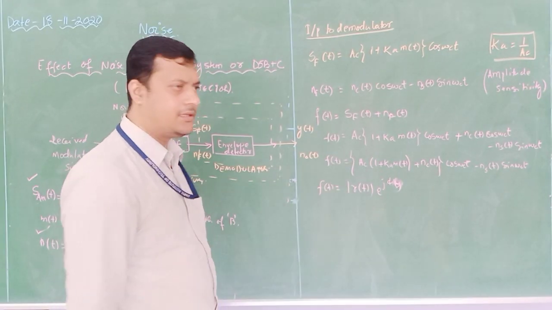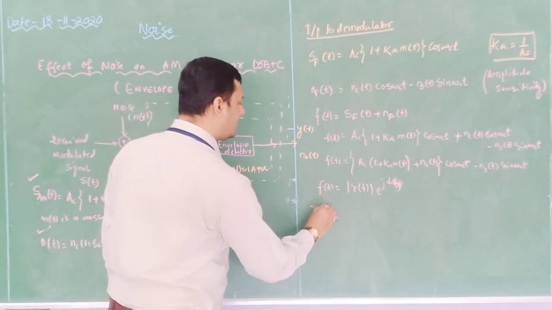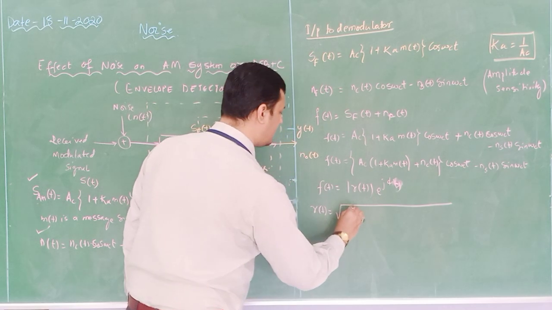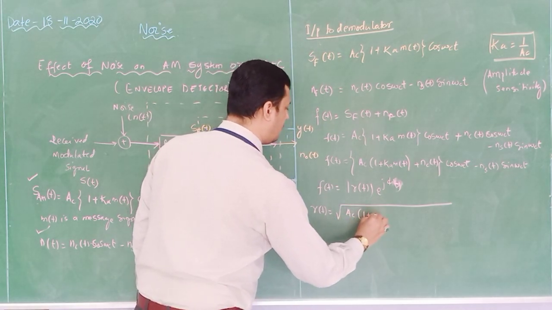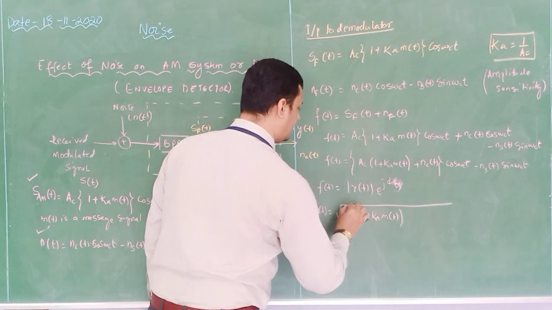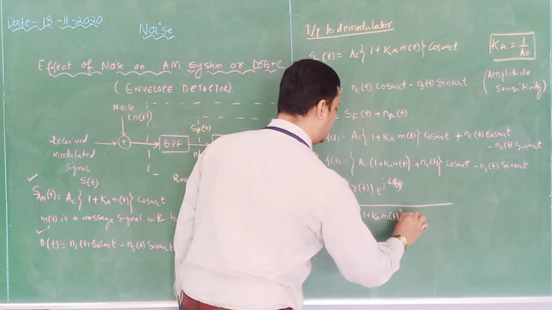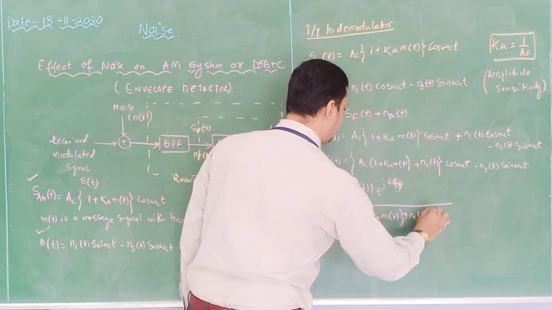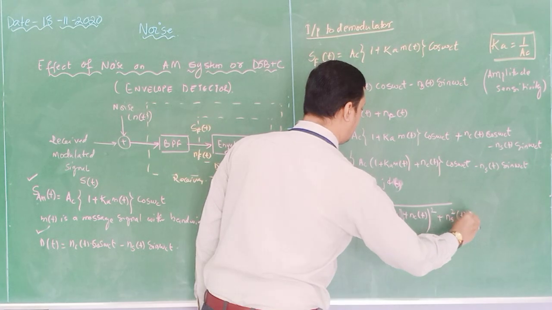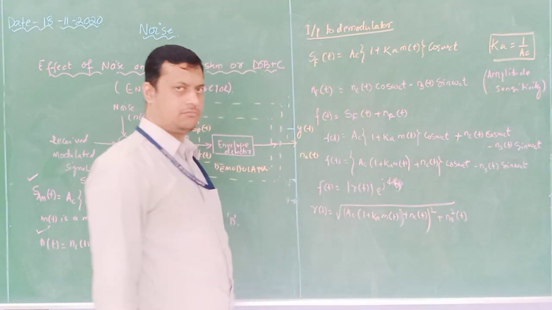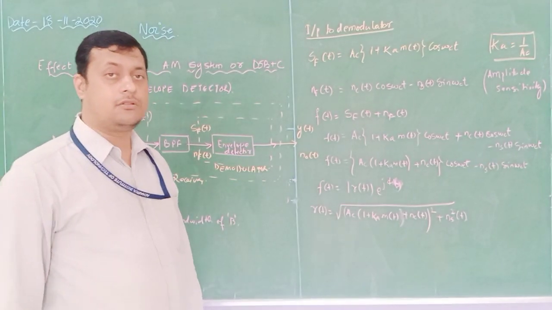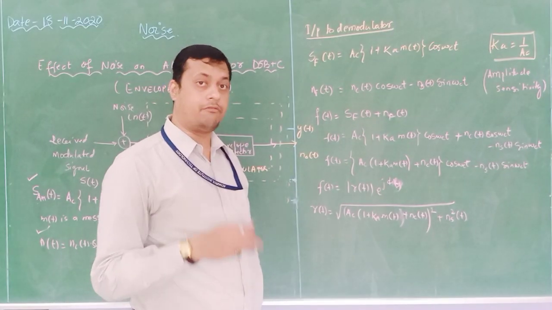Of this component. So what is your r(t)? r(t) is the root of [Ac(1 + Ka m(t)) + Nc(t)] whole square plus Ns square of t. So this is your magnitude. Done. Now when you are determining this magnitude, two cases will arise.